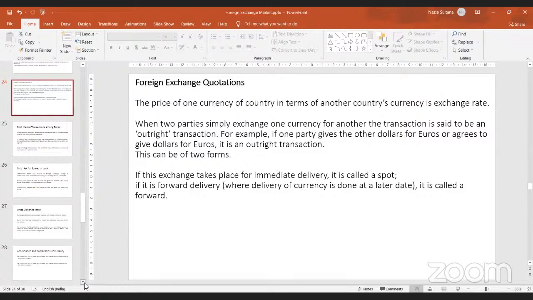This outright transaction of giving money for money can take place in two ways. One is called a spot delivery, and one is called a forward delivery.